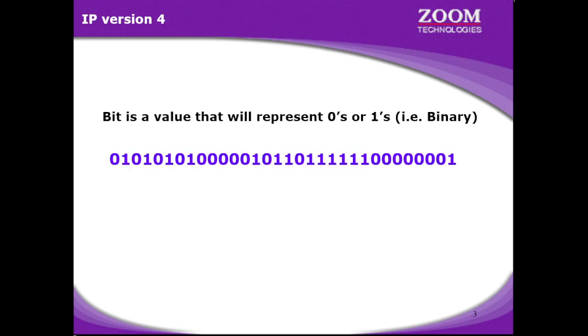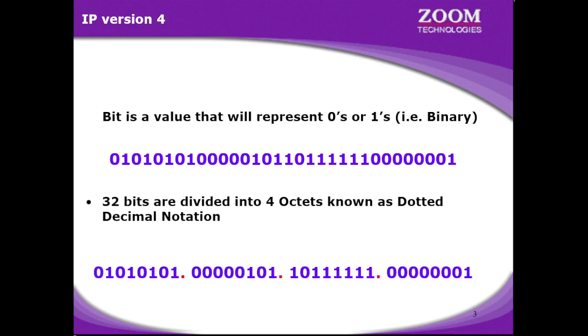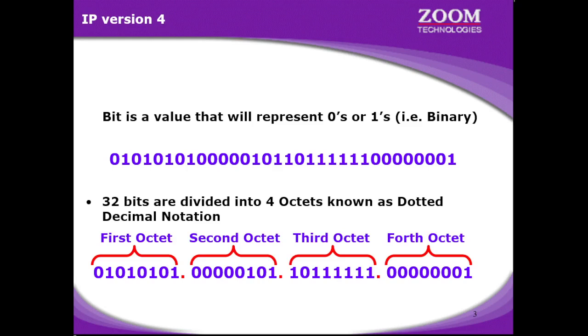So, yung 32 bits, these are divided into 4 octet known as dotted decimal notation. The IPv4 is also known as 32-bit, 4 octet dotted decimal notation. Yan po yung tawag sa kanya. Now, ito po yung IP address in binary format. Alright? So we have the first octet, the second octet, the third octet, and fourth octet.